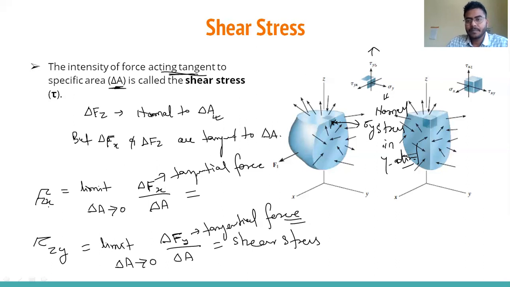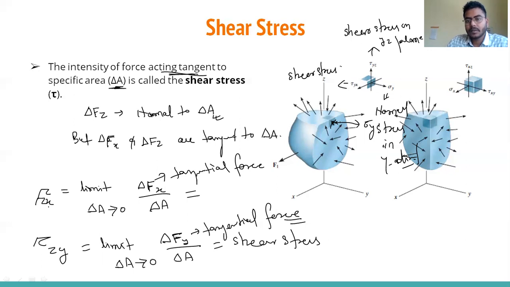Tau yz means the plane is yz. So we can write it like this: shear stress on the yz plane, along the yz plane, on the area delta A.